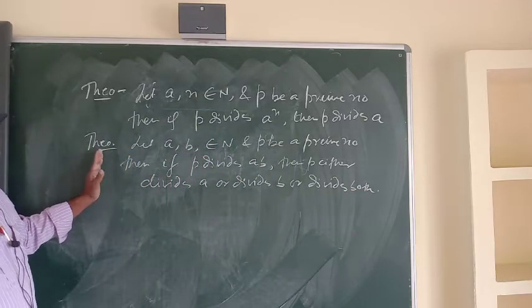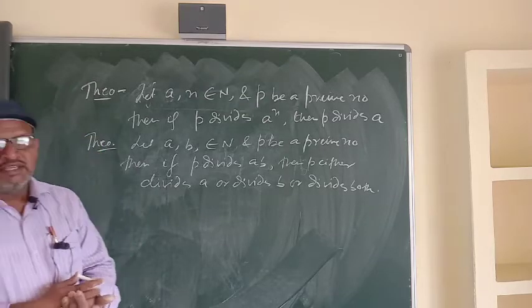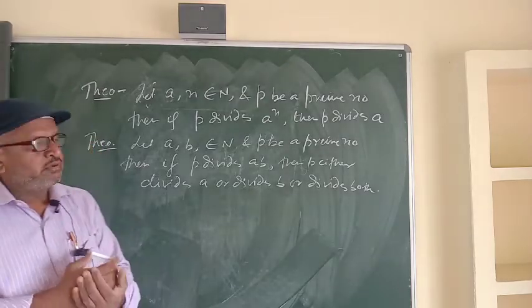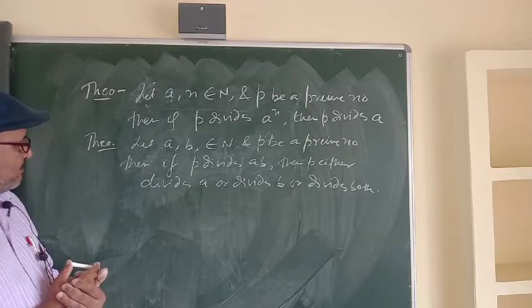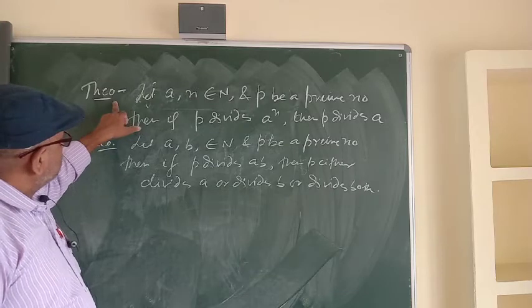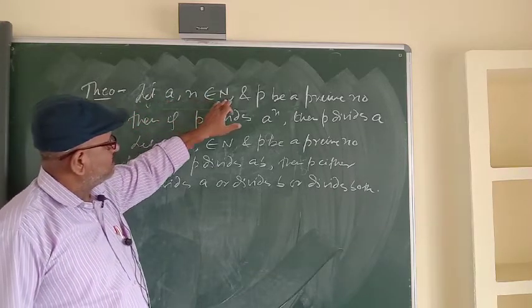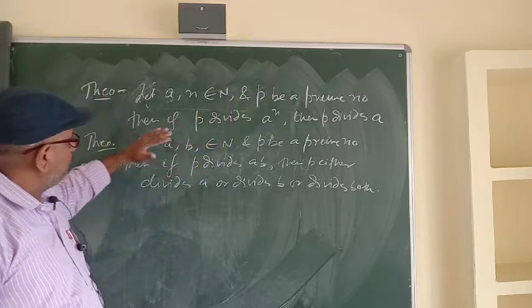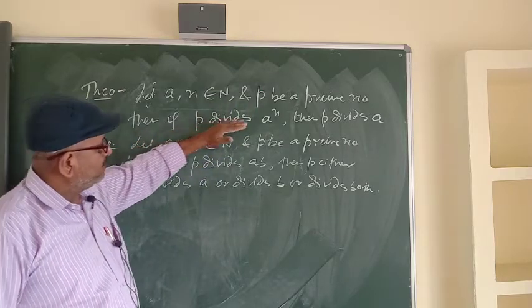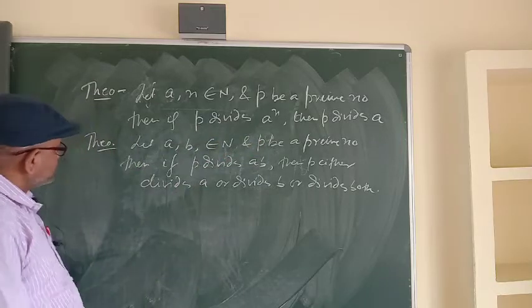So we have to take the help of these two theorems to prove a given number irrational. See the first one. Let a and n belong to the set of natural numbers, p be a prime number, and if p divides a to the power n, then p divides a.